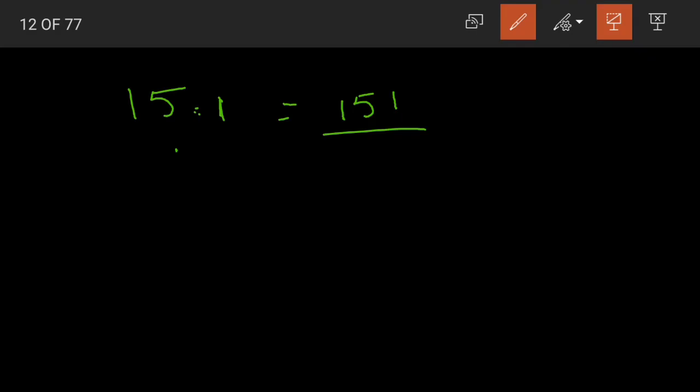So 151, that becomes our numerator. Now what about the denominator, children? In the given number we have one decimal place. So in the denominator, after 1, one 0. Understood? That is the basic conversion.